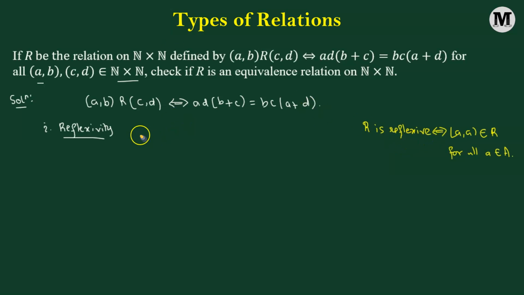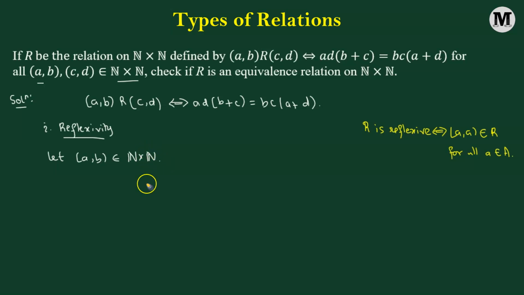This is how we can check whether a relation R is reflexive or not. For this, we are going to consider an ordered pair (a, b). Actually, our element here itself is the ordered pair (a, b), which belongs to the Cartesian product of the natural numbers with itself.